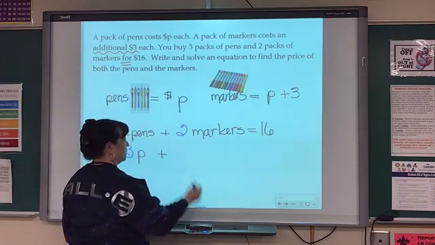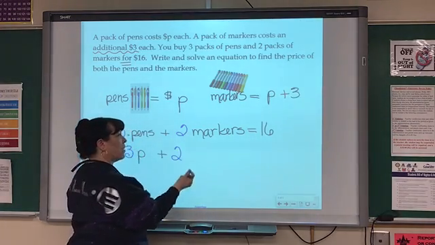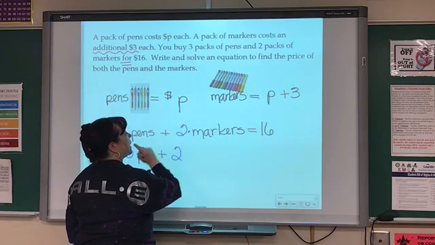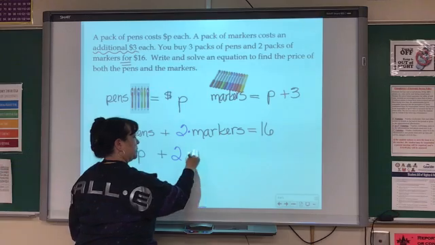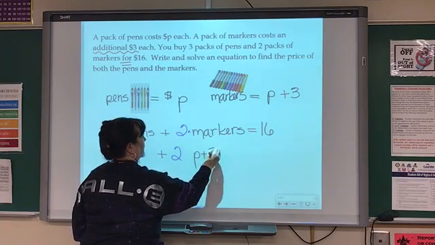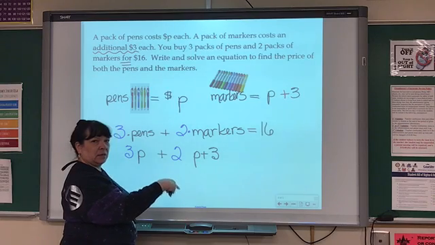And I've got 2 sets of markers. I'm going to multiply the amount that the markers are worth. But my markers are worth P plus 3. Now, I can't just say 2 times P plus 3.